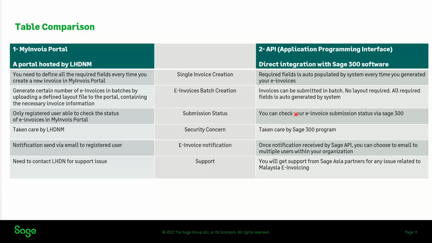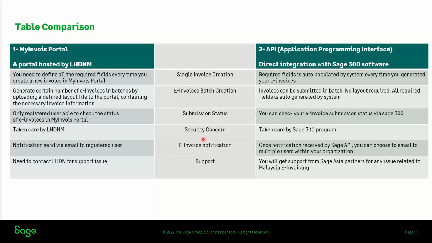But if you are using the Sage 300 API, you can check your invoice submission status via Sage 300. At the same time, you can allow multiple users within your organization to have access to this module. Only people who have access to this module can check your e-invoice submission status.